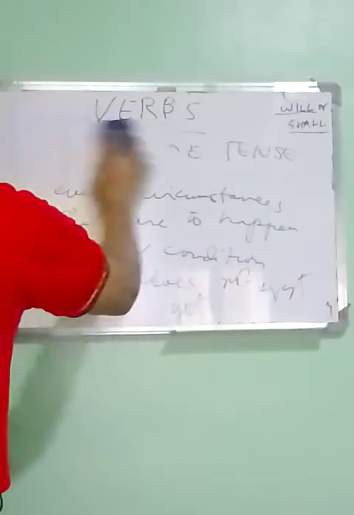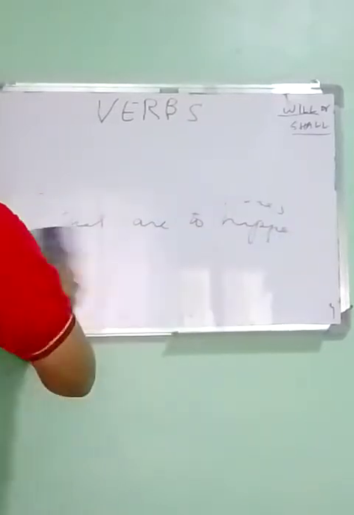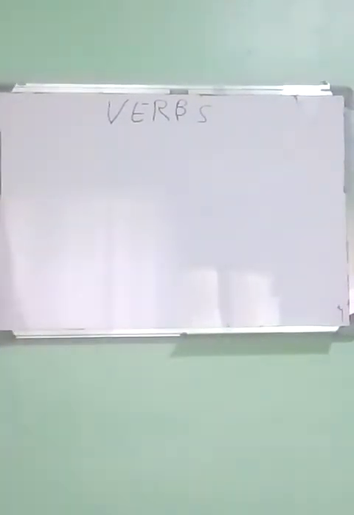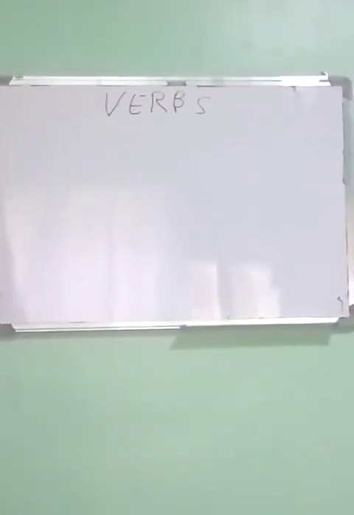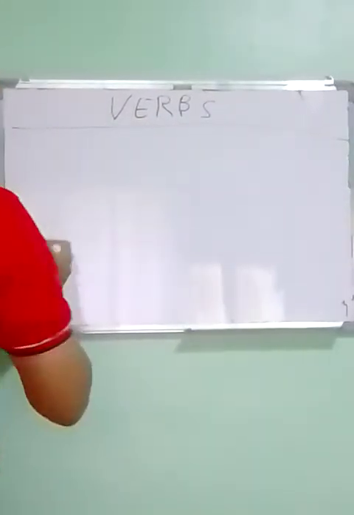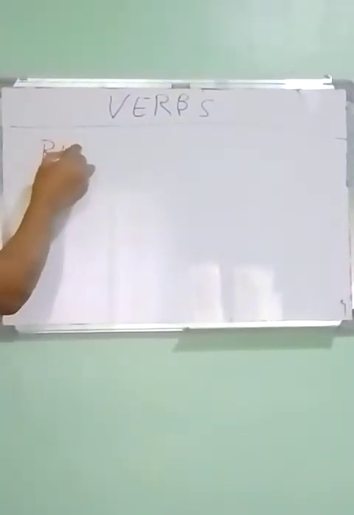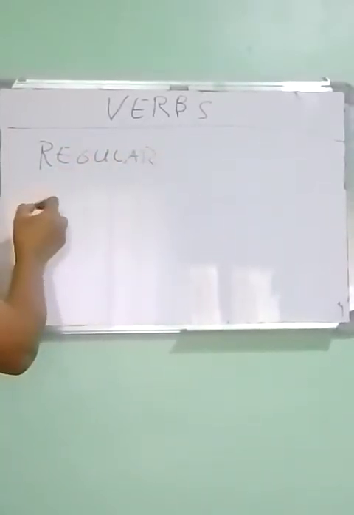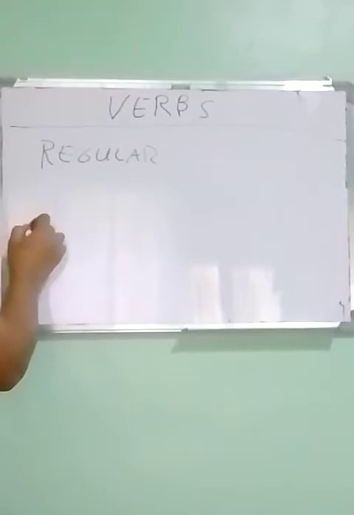Let us take the last topic, which is an introduction of what we call, of course, when you conjugate the verb, especially in the past tense and past participle, you need to distinguish the so-called regular verbs as opposed to what we call irregular verbs.